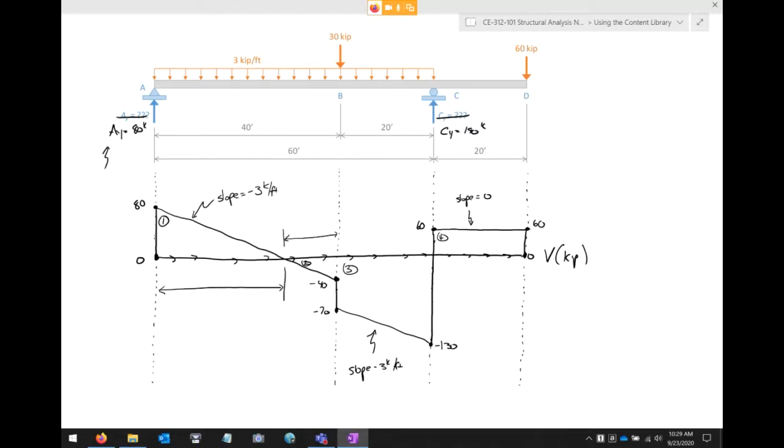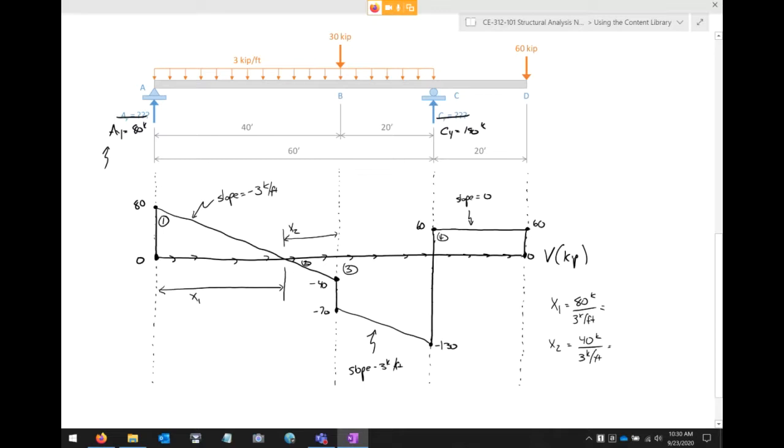So I propose that if we call this x1 and call this x2, we can determine x1 as 80 kips divided by 3 kips per foot, and x2 as 40 kips over 3 kips per foot. Help me out.